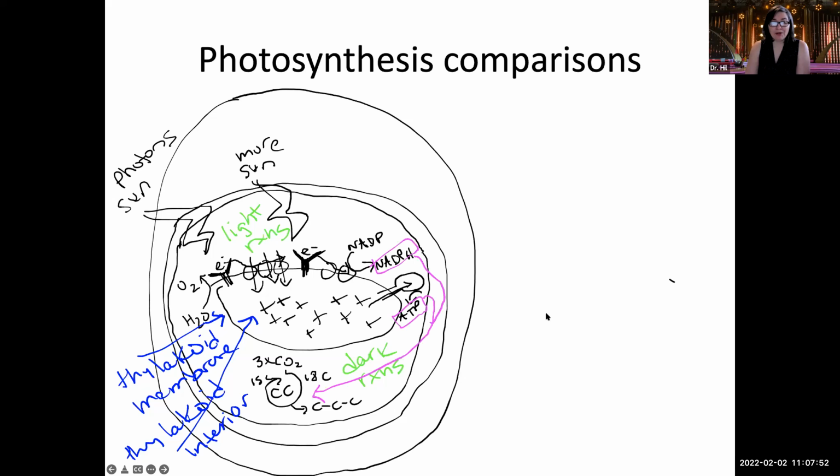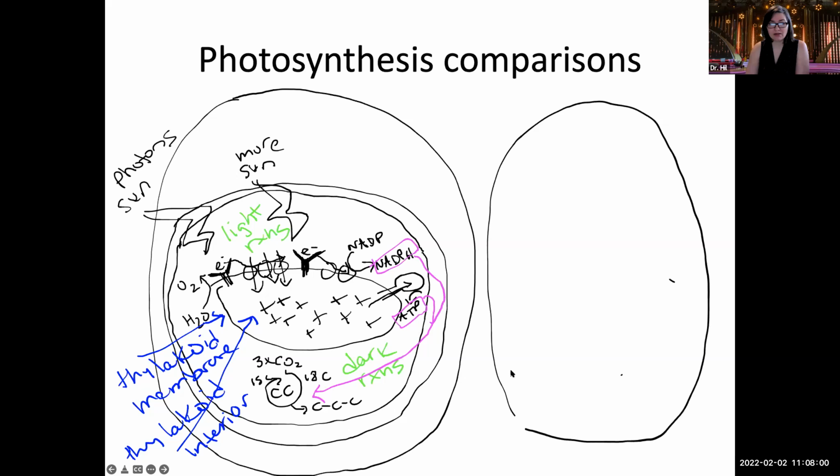Now, if we compare to what's happening in the prokaryotic situation, all we have is basically plasma membrane, cytoplasm, extracellular space. So we've got our photosystem in here that is stealing electrons so that the sun can energize it. The electrons go through the electron transport chain located in the plasma membrane. Protons are pumped outside.